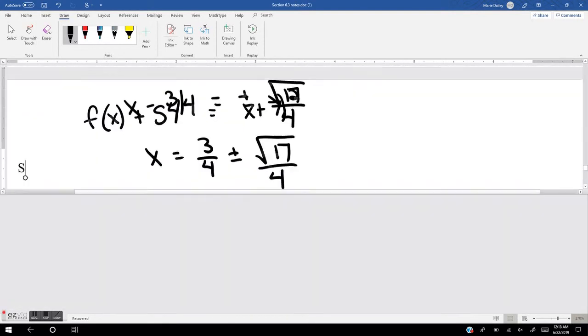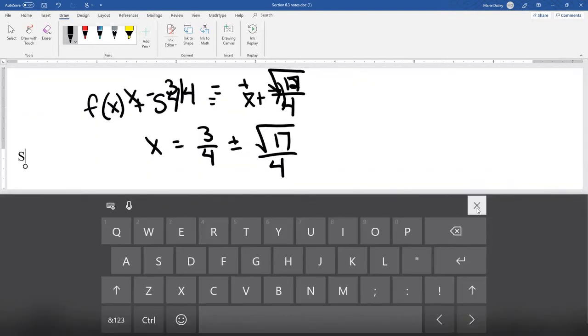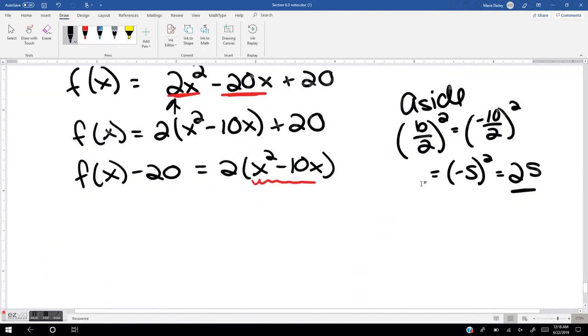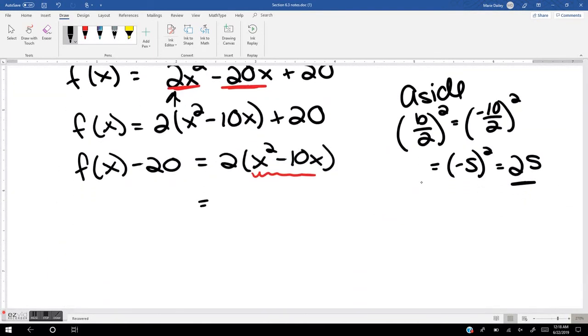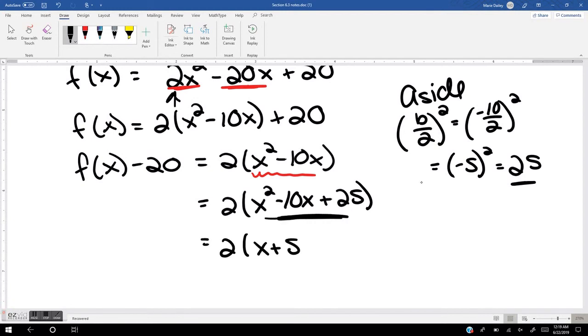It is for what is on the inside of those parentheses. So we're really looking at x squared minus 10x plus 25. That's going to make this polynomial factorable into x minus 5 quantity squared, okay?